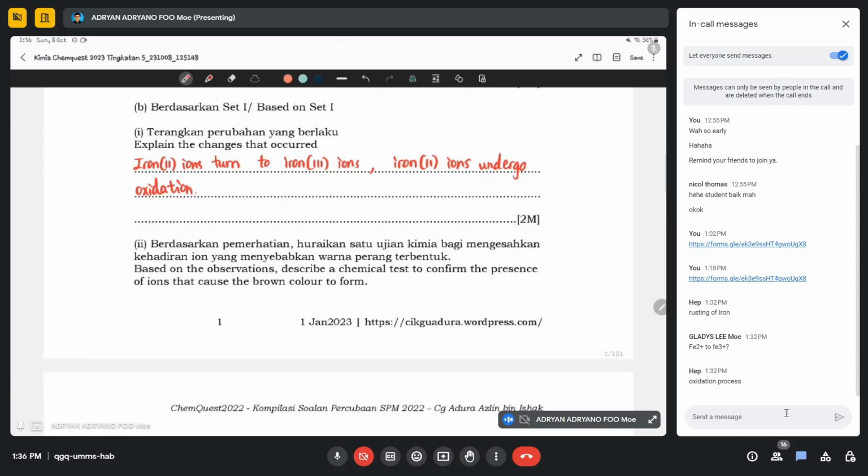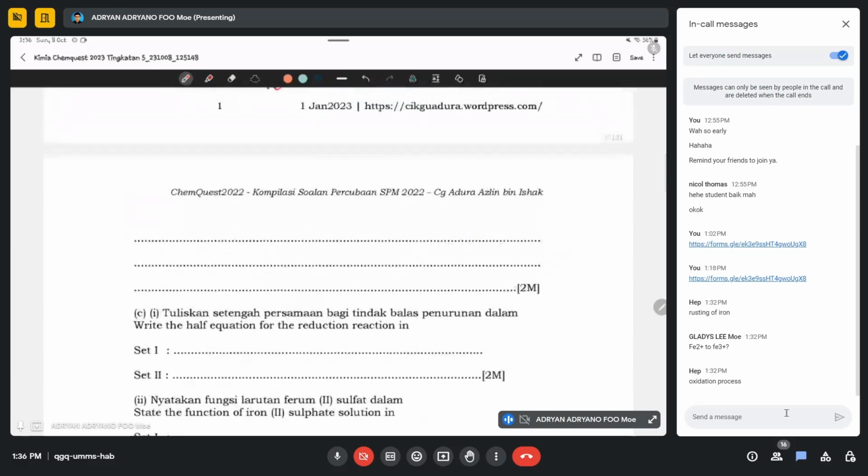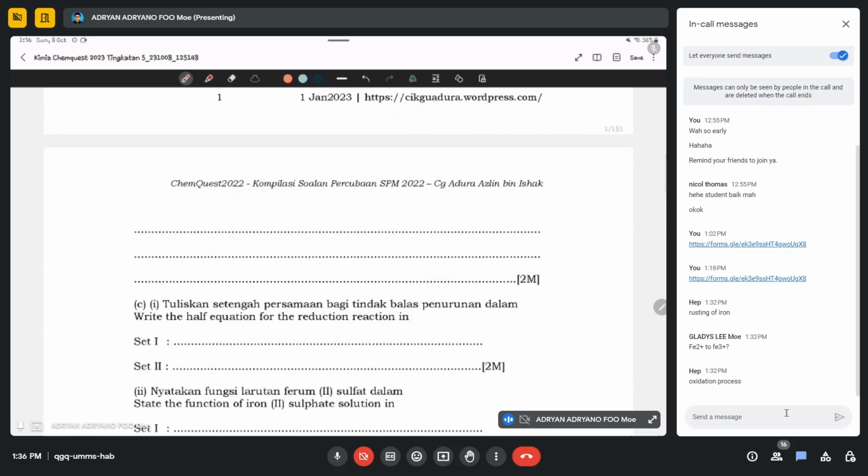Okay, based on the observation, describe a chemical test to confirm the presence of ion that cause the brown color to form。Okay, brown color I know is Fe3+。那么我有什么 experiment 可以 test Fe3+？这个就要看回去你有没有背那个 chapter 6 form 4 的。Okay, so here I will say that what is the answer?